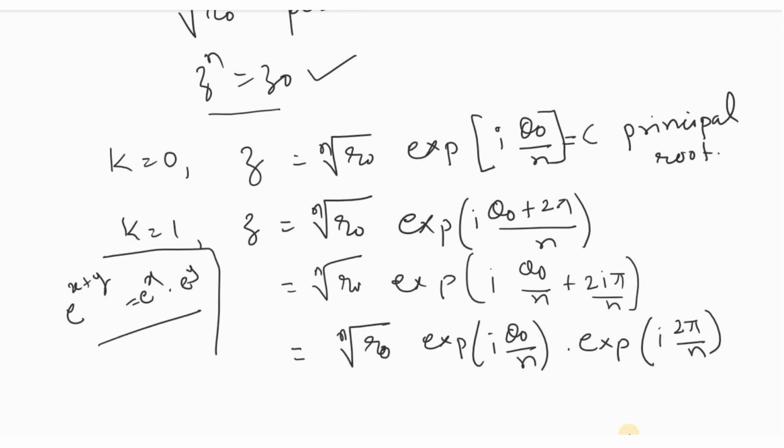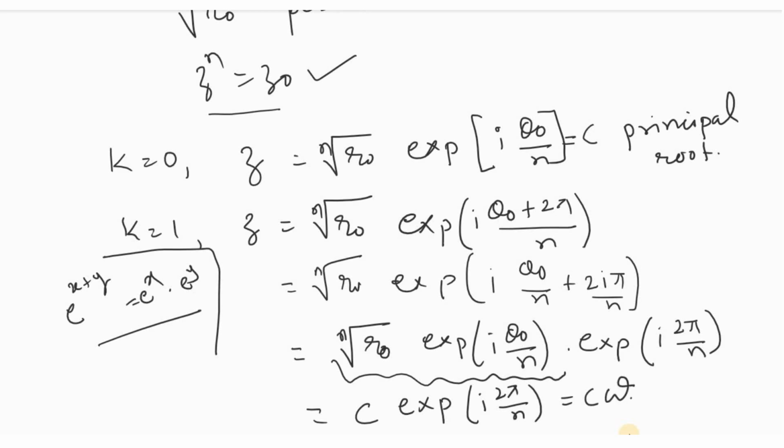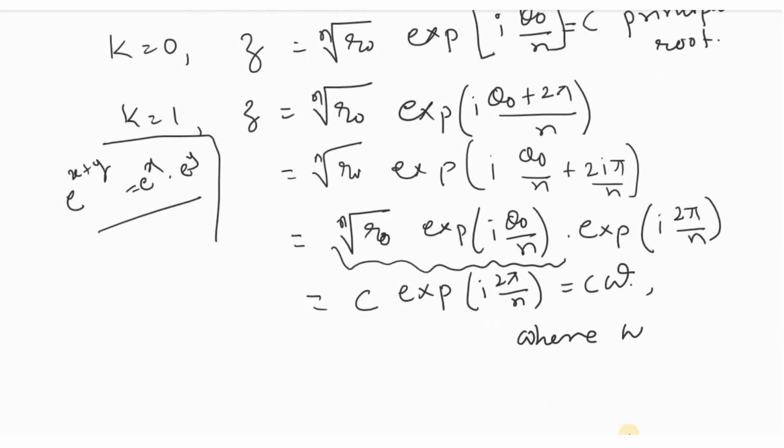Using this we can write this quantity, which is c as we have denoted, as c times exponential of i 2 pi/n. And if I denote this exponential of i 2 pi/n as omega, then that is c times omega, where omega is e^(i 2 pi/n).